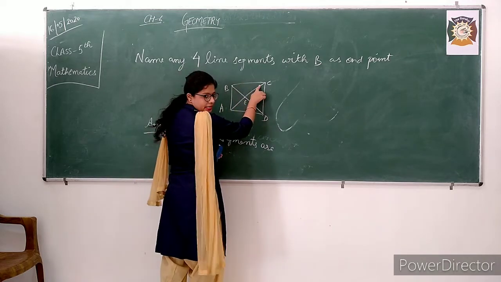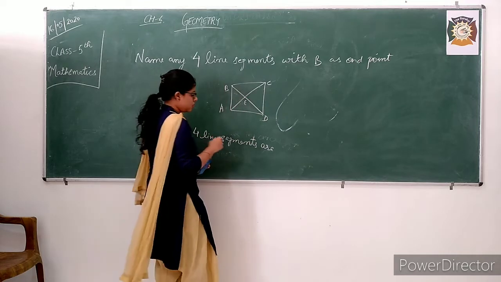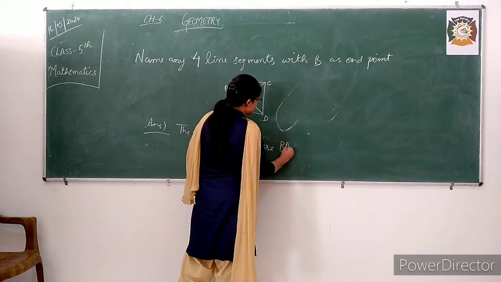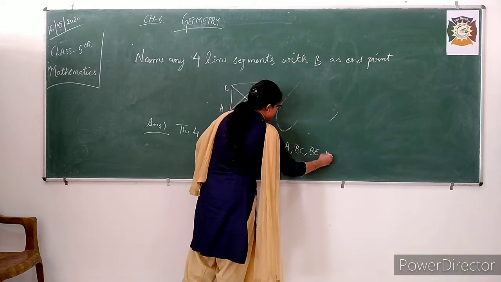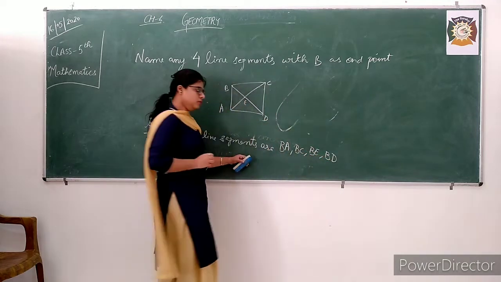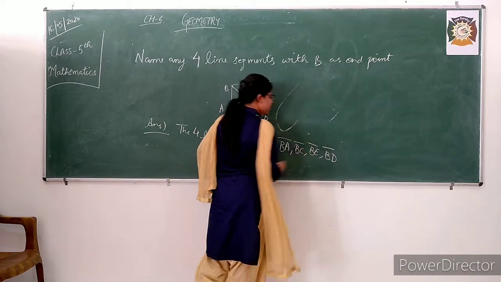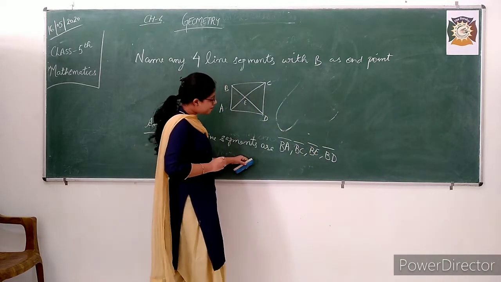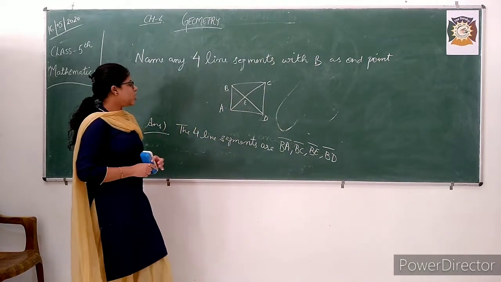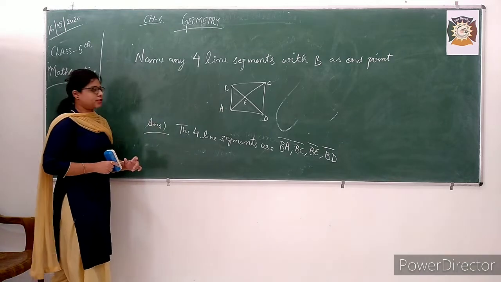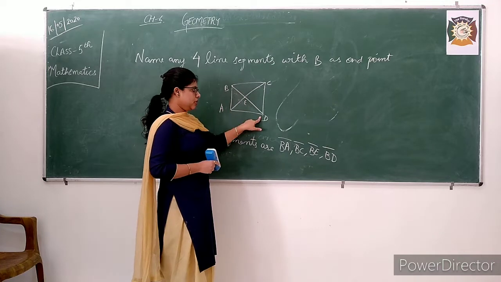BA, BC, BE and BD. Alright? And not to forget, line segments are written like this with a line at the top. Is it clear to you? You are getting 4 line segments in this figure, namely BA, BC, BE and BD.